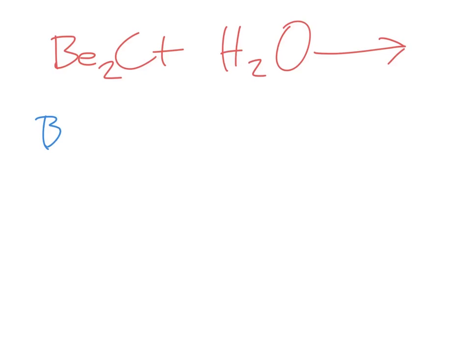So then it'll be Be2+ and C4-. And then for H2O, since this is an aqueous solution, that means it's dissolved in water. I mean, it is water, but since it's two compounds, it's going to be a double replacement.